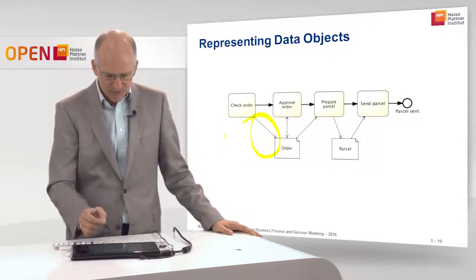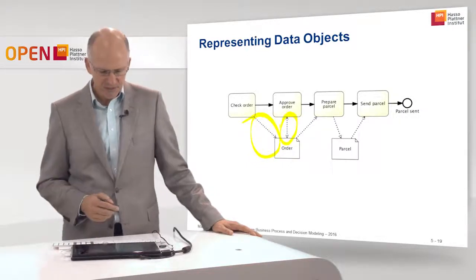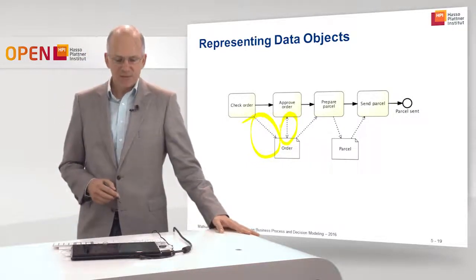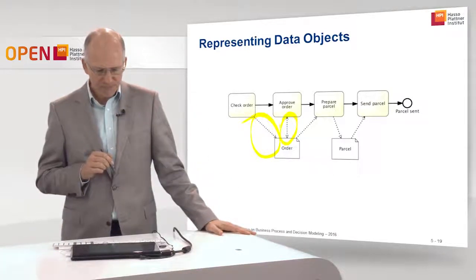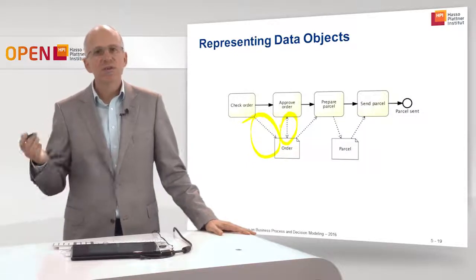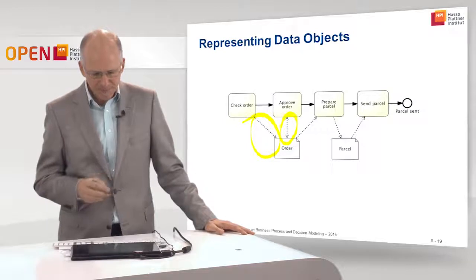And the order object is then read and written by prove order. Here you see this association edge with a double orientation. We see that the prove order activity reads the order, modifies the order, and can write the order back.